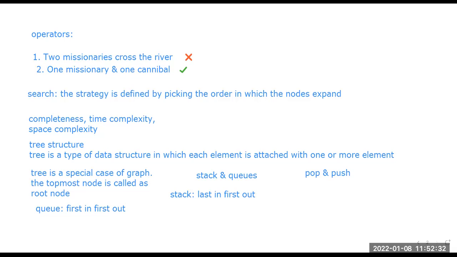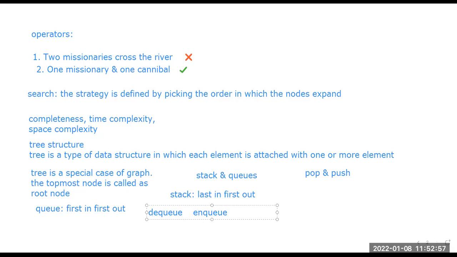In a queue, there are two operations, known as DQ and NQ. What are DQ and NQ?